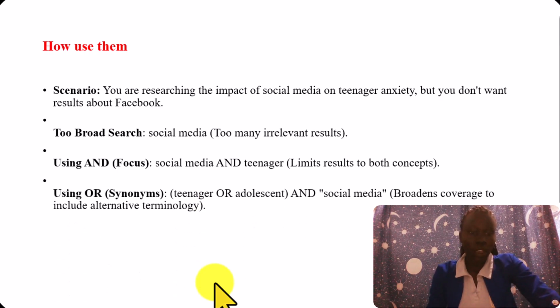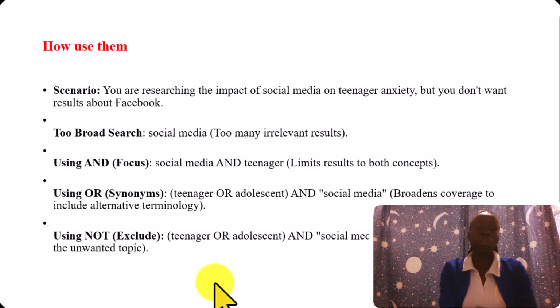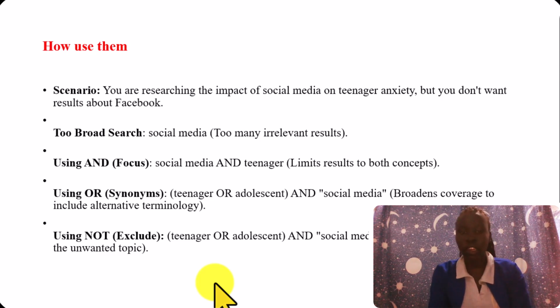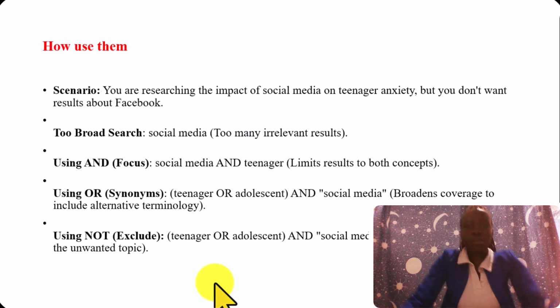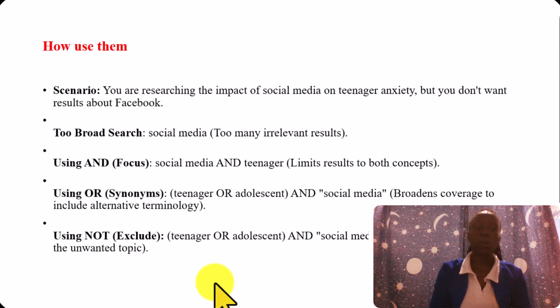Then you use OR for synonyms: teenager OR adolescence AND social media. It broadens the coverage and includes alternative terminology. Then use NOT: social media NOT Facebook filters out the unwanted topics.